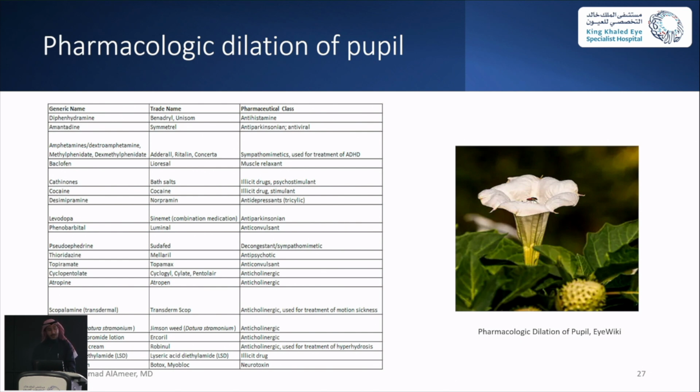Certain plants can cause dilated pupil like the Jimson weed plant, certain lotions some patients are using that have anticholinergic property. So don't just ask about the medication, ask about cream, inhalers, or plant exposure.